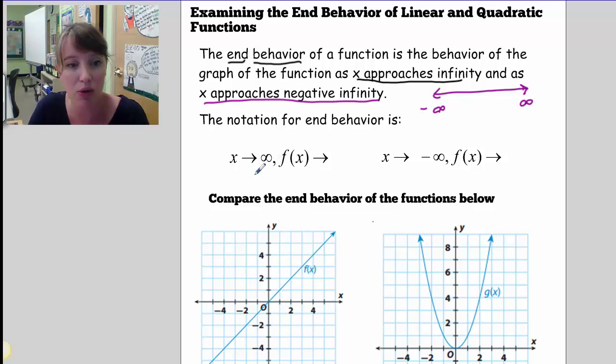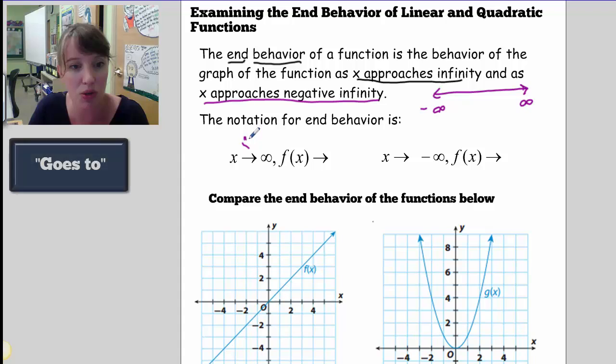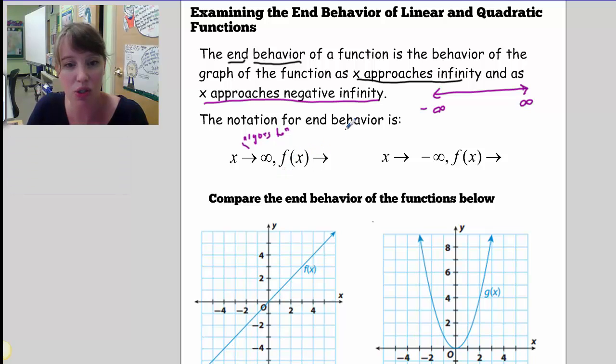It's using these arrows. So this is read as x goes to infinity. This arrow is the words "goes to." f of x goes to something.